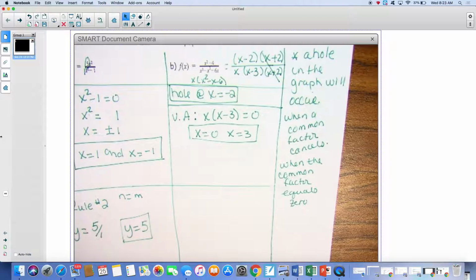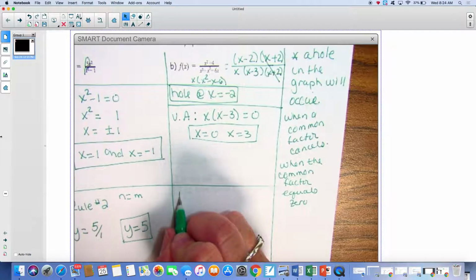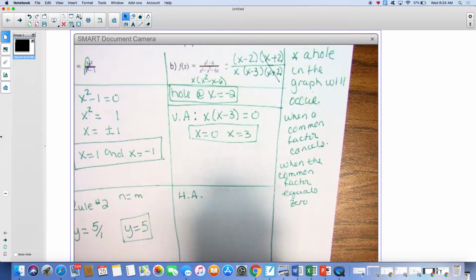Questions there? Horizontal asymptote. Which rule applies here? 1, 2, or 3? 1.